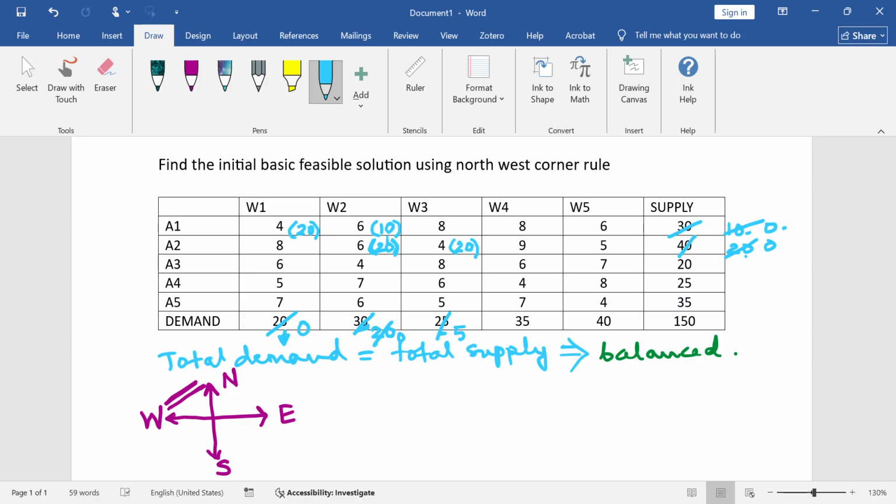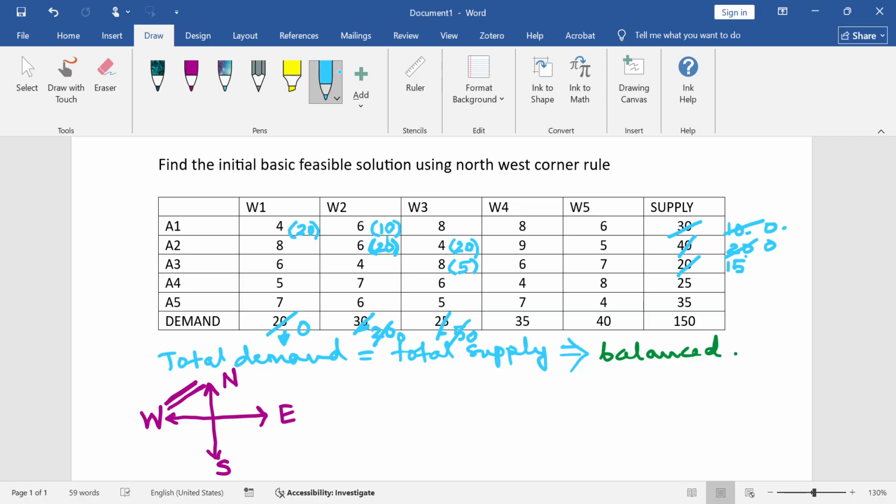So now the only possible cell which we can now allocate to is the next one, which is A3, W3. See, we have exhausted W1, W2, A1, A2. So now we come down to A3, W3. Now the supply is 20, but the demand is only 5. So we allocate 5 and then this particular supply becomes 15.